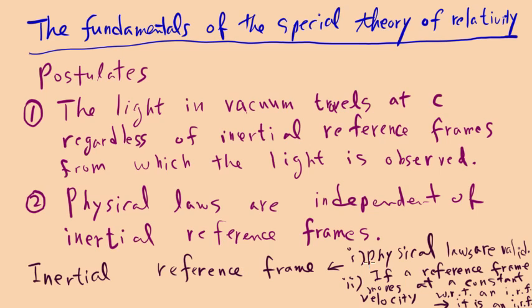And what the second part says is that if there is another reference frame moving at a constant velocity with respect to an established inertial reference frame, that is also an inertial reference frame. What it says is that, as far as we know, the concept of an absolute velocity has no meaning.